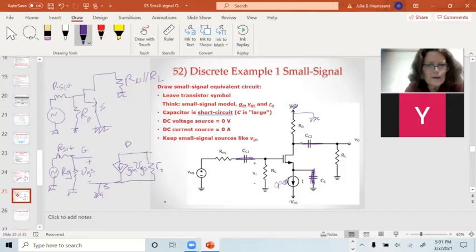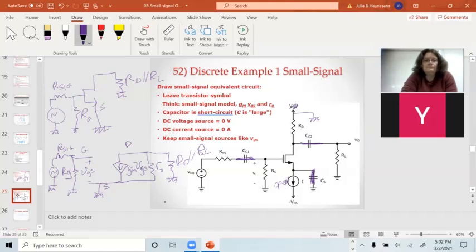And my drain sees the parallel combination of RD and RL. RD over RL. So that would be a circuit you could analyze. You've got a voltage divider on the input. You have a current source going into the parallel combination of ro, RD, and RL.